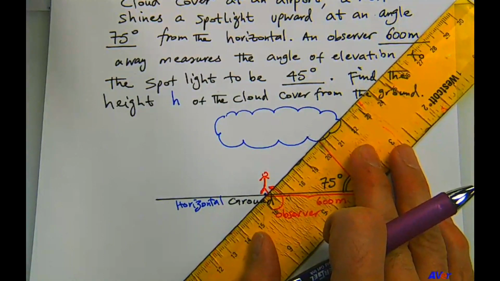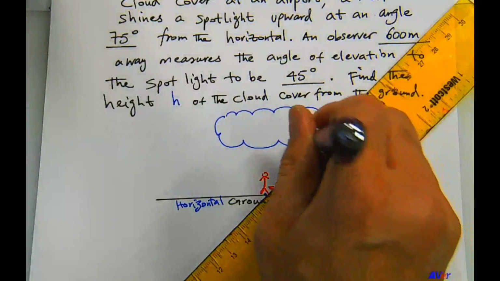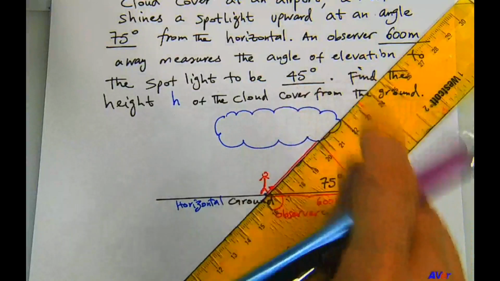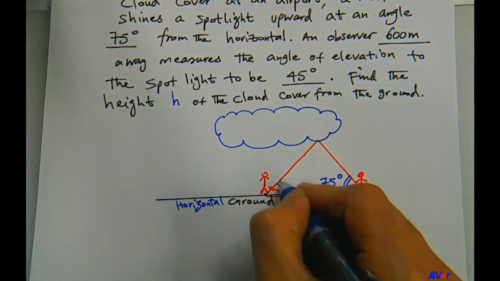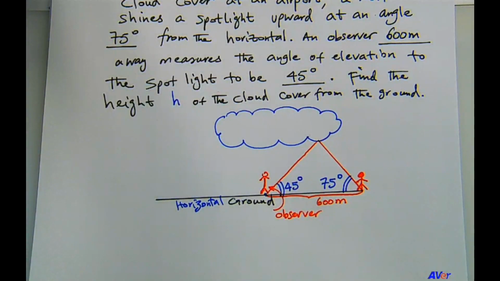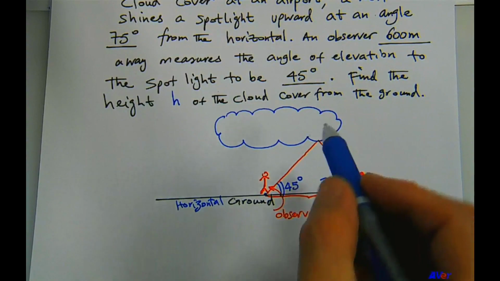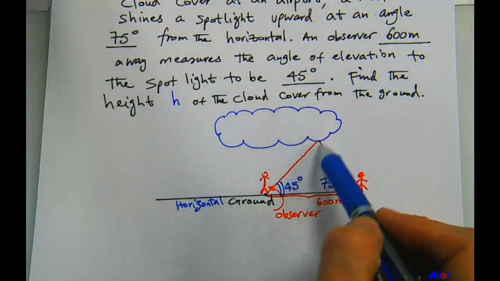So that is like that, that is 45 degrees. This is all the known information. And we want to find the height h of the cloud cover from the ground.